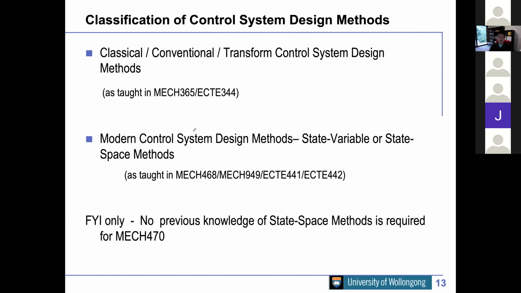Mentioning this, we've done some of the basic subjects. I think most of you did this one. Did anyone do the other ones? Any students done these subjects? Probably very few, because these are all final year subjects. They give you some extension knowledge about control theory. 468 and 949 are about state space representation of control systems, and we also do digital control.